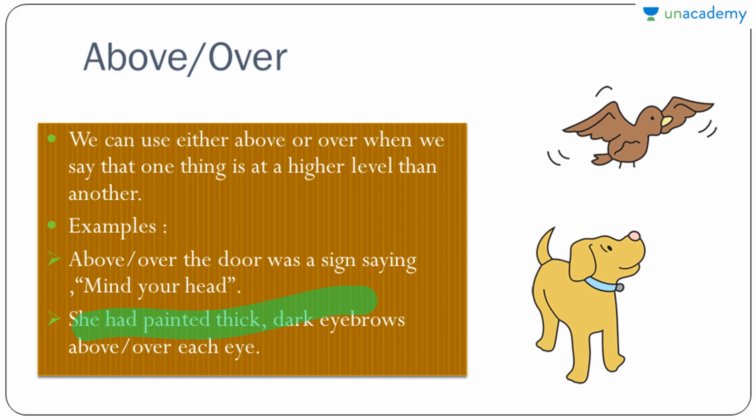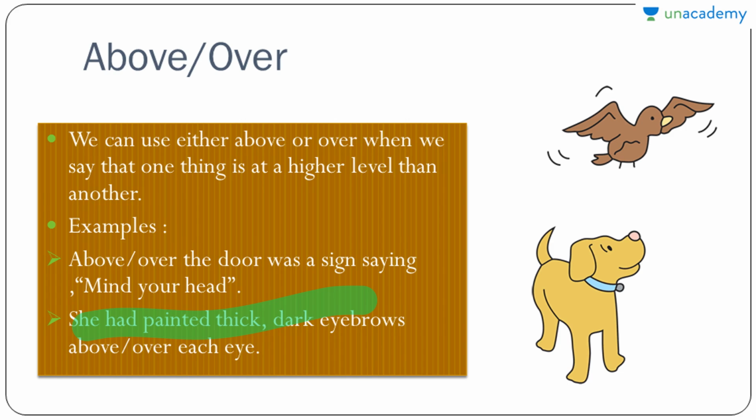So again, this is a thing of higher level, and this is very important to understand: the use of above or over depends on the relative thing about which we are talking. So the level of eyebrows to eye, that is what we are talking about. There will always be a relative thing to which the level is being compared.